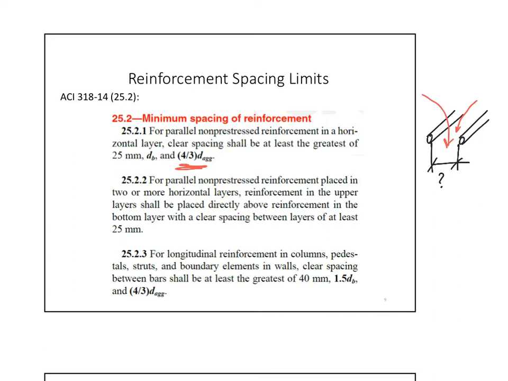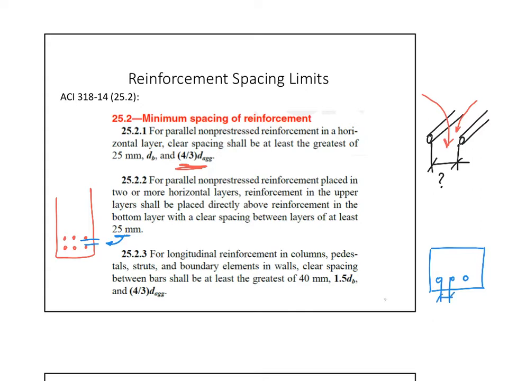And then the second one is for parallel non-prestressing reinforcement placed in 2 or more horizontal layers. Remember when we had a beam that looks like this, we had reinforcement here and reinforcement here. Now that spacing between them shall be not less than 25 millimeters. Okay? And then for longitudinal reinforcement in columns, now in columns I have, this is my column section, I have reinforcement that looks like this.